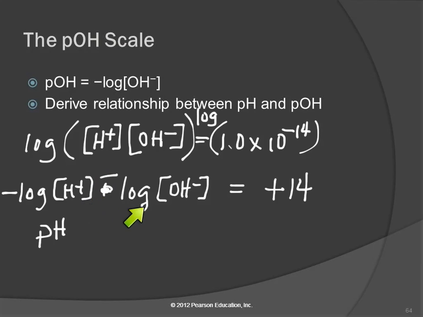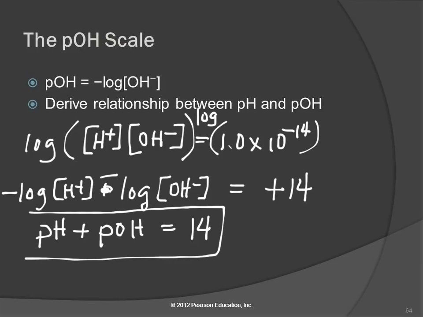This negative log of OH minus is pOH, and that is still 14. So write this one down. That's a handy-dandy equation. The pH plus the pOH always add up to 14. And if you followed what I did as to how that came about, great. If you didn't, don't worry about it.